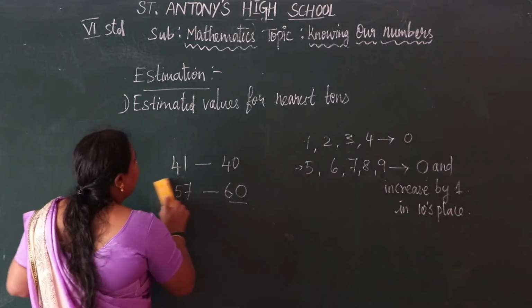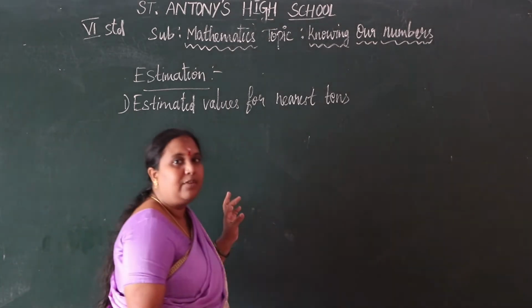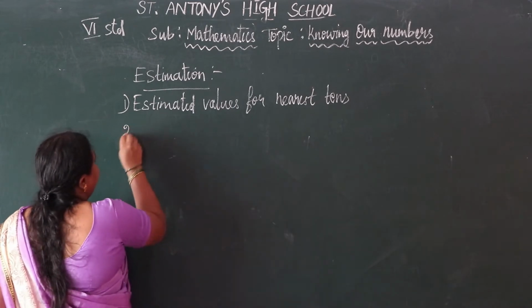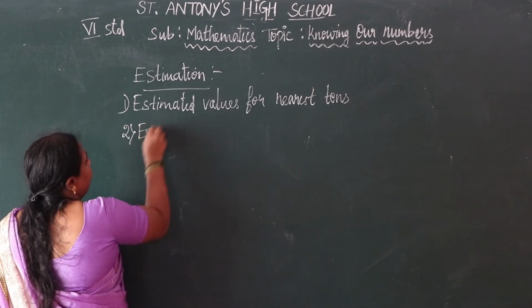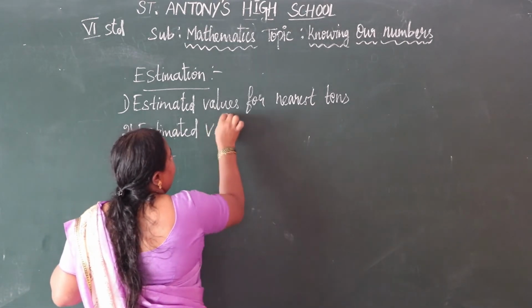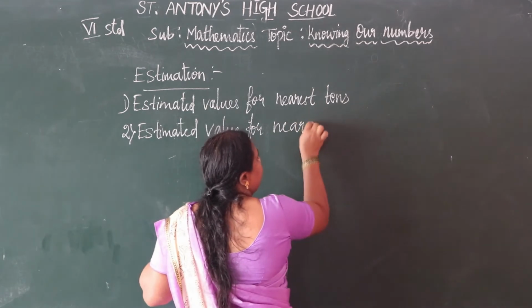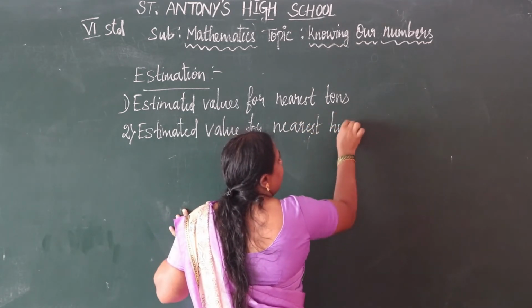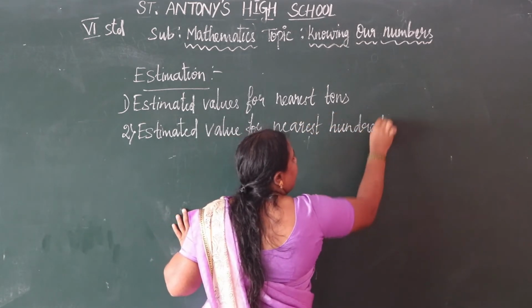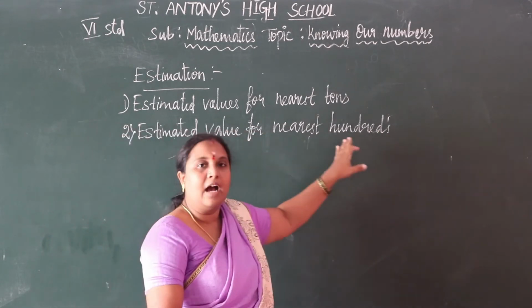What is the second one? Estimated values for nearest 100, nearest hundreds.